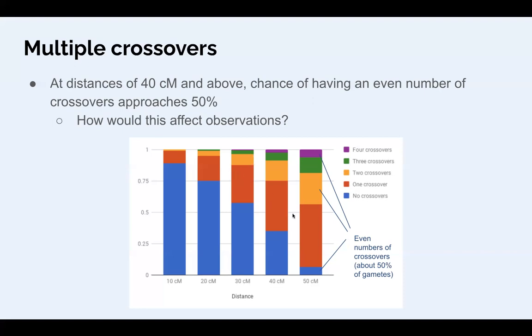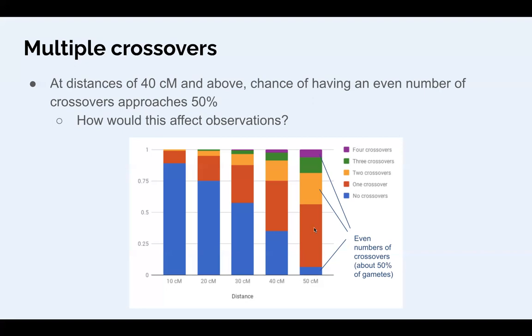And eventually, just for convenience, I think it's easy to think about 50% as kind of this cutoff. And what happens around 50% is that the total of even crossovers is about equal to the total of odd crossovers. So even crossovers, as we saw before, don't look like recombination; they put the genes back in the same organization that they were before crossing over.